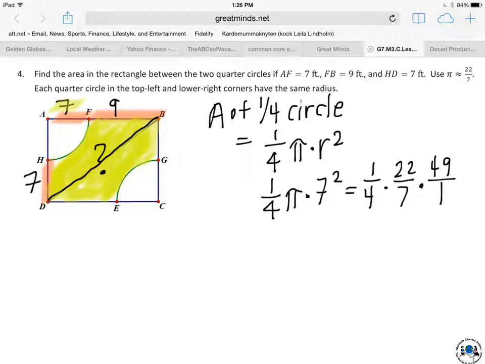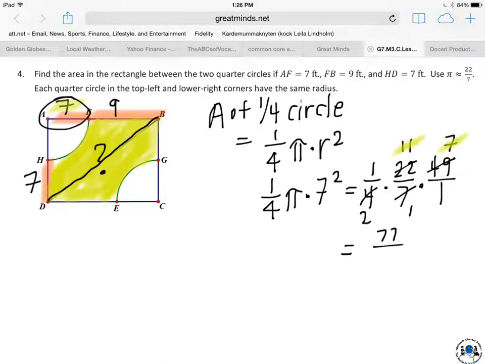So we have 1/4 times 22 over 7, because we were told to use 22 over 7 for pi, times 49 over 1, because that is our radius squared. We can see our radius, of course, right over here, the radius of that quarter circle. Let's do a little cross cancellation. Lots of cross cancellation here. Beautiful.